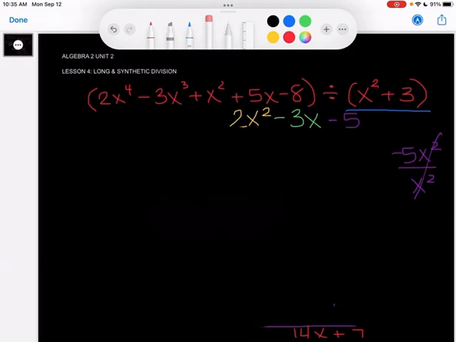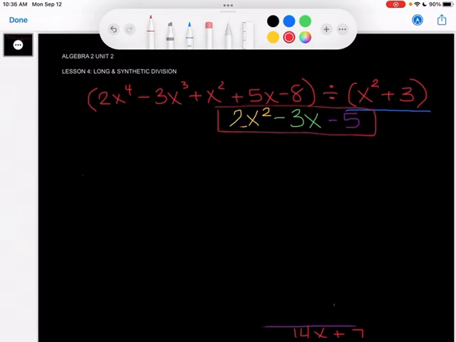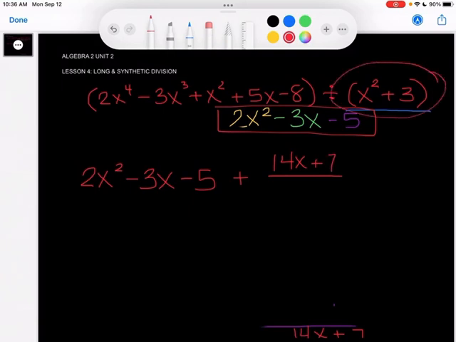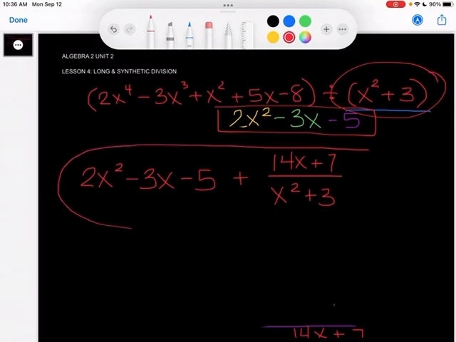So to write the final answer in the correct format, I'd write this, 2x squared minus 3x minus 5 plus, and then we're going to have a fraction. You put the remainder, that 14x plus 7, over what you divided by, the x squared plus 3. This is our final answer.